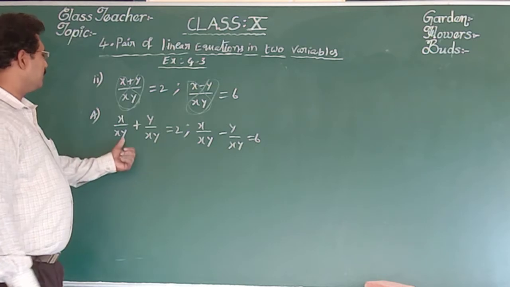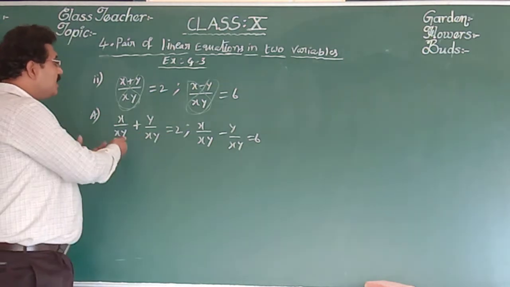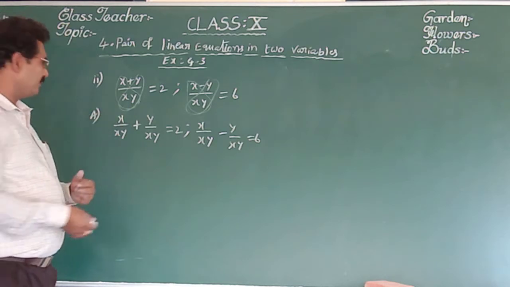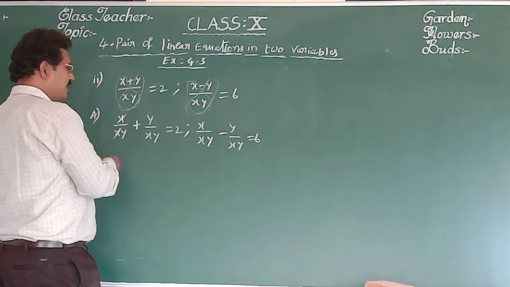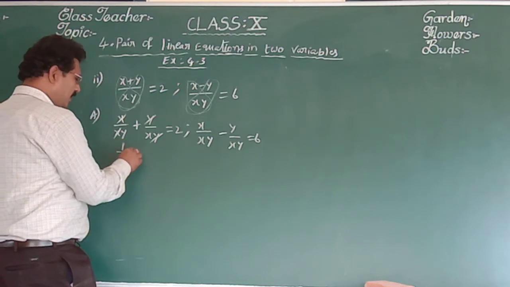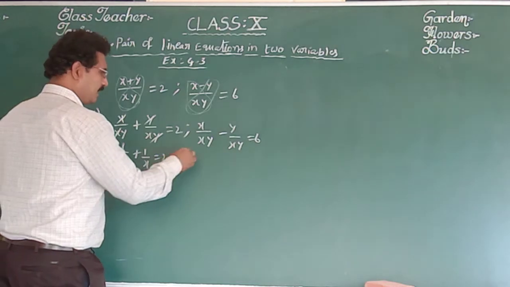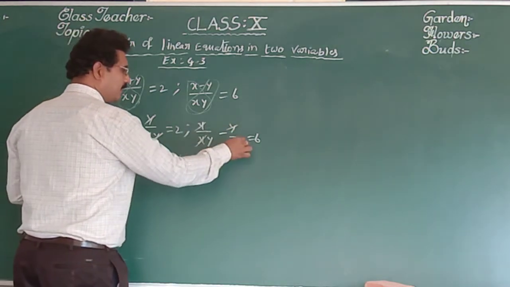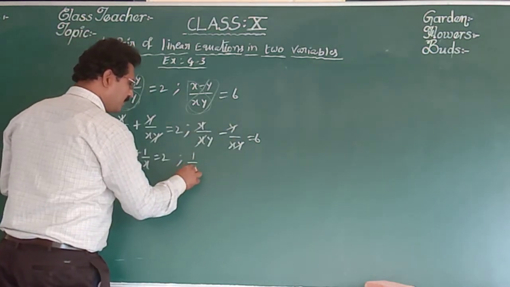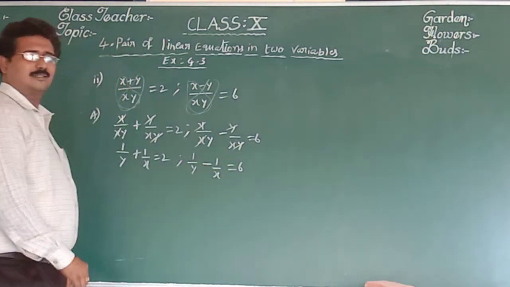See children, by taking the LCM it is the same model, no? So this is the way. Why did I split it like this? Here x gets cancelled, y gets cancelled. What is the equation? 1 by y plus 1 by x is equal to 2. Next, x gets cancelled, y gets cancelled. So 1 by y minus 1 by x is equal to 6.